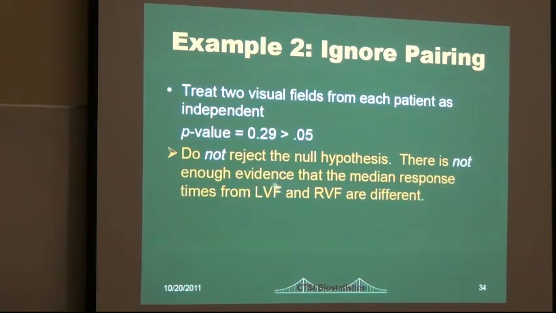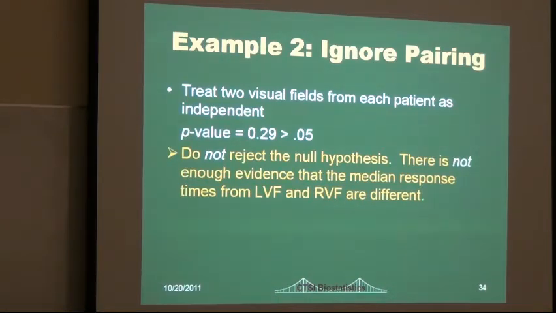So again, if you ignore the pairing in the data, you will end up with a different conclusion. That's why we need to be careful when we analyze the data, and understand how the data was collected and how the study was designed.